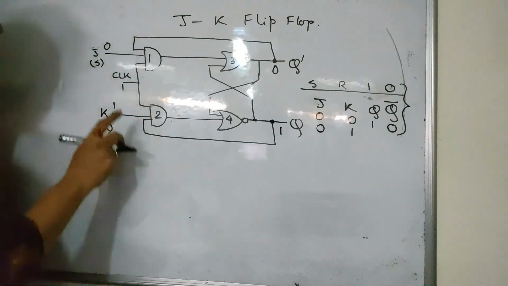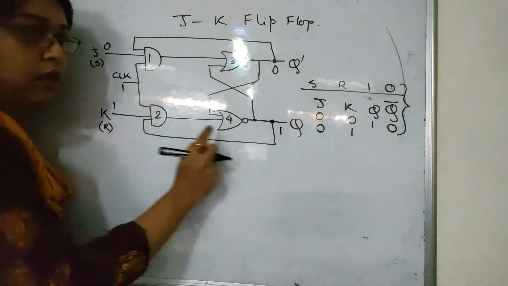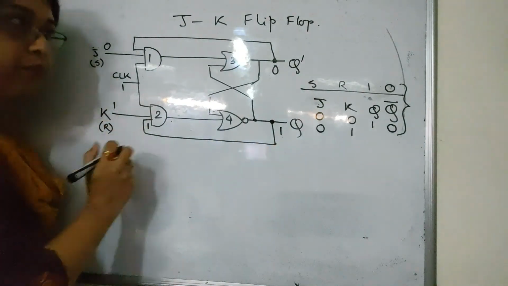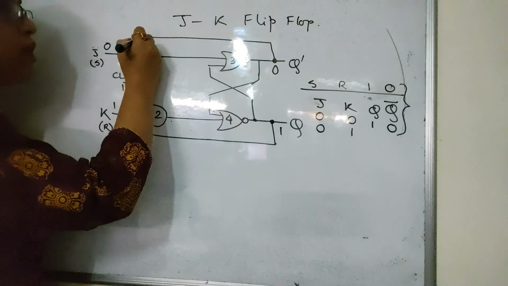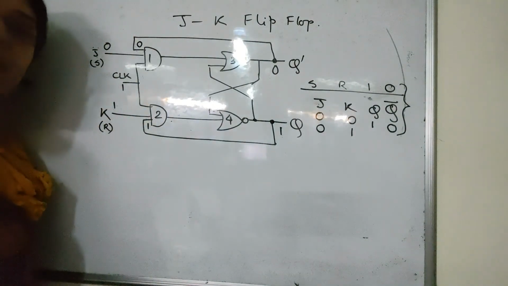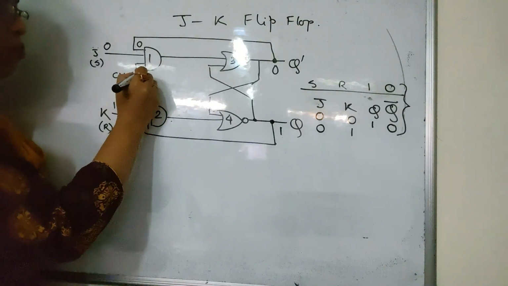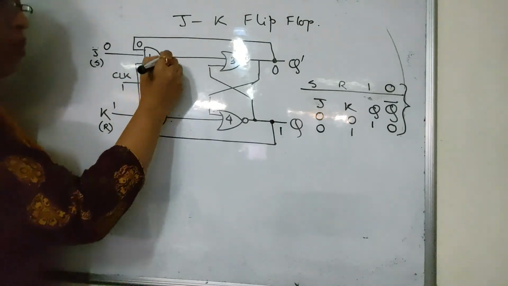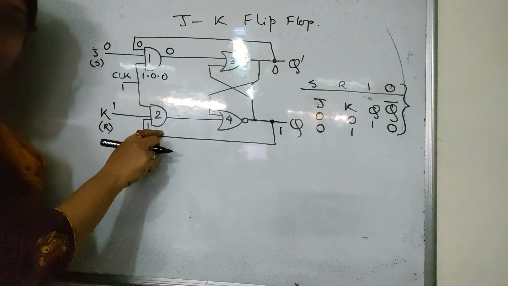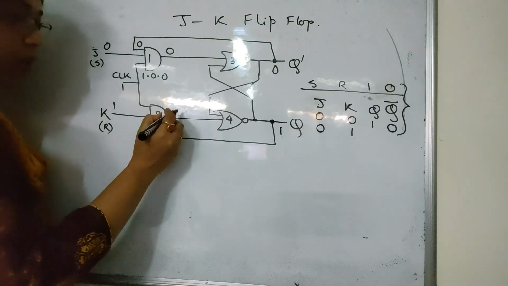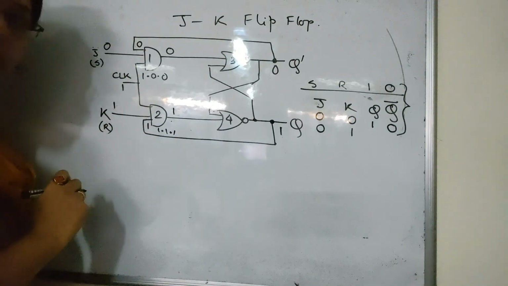Now over here, J0, K1, this Q value is 1, so Q value is getting fed in over here. Q dash value is 0, that is getting fed in over here in AND gate number 1. So AND gate number 1 is giving me the output 1.0.0, that is 0. AND gate number 2 is giving me the output 1.1.1, that is 1. Right?